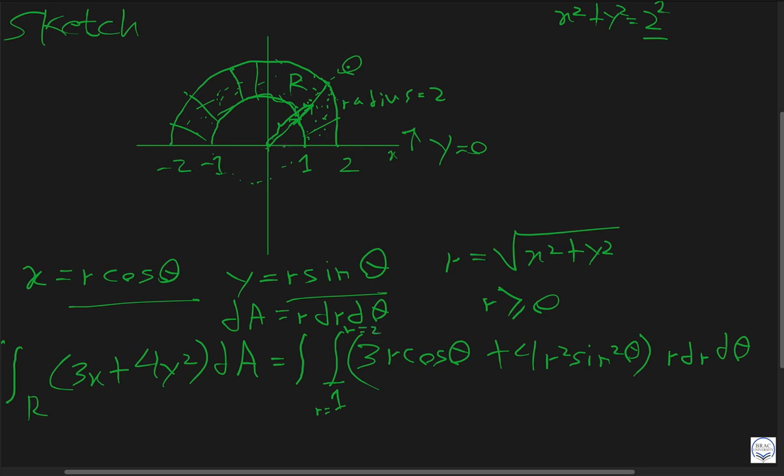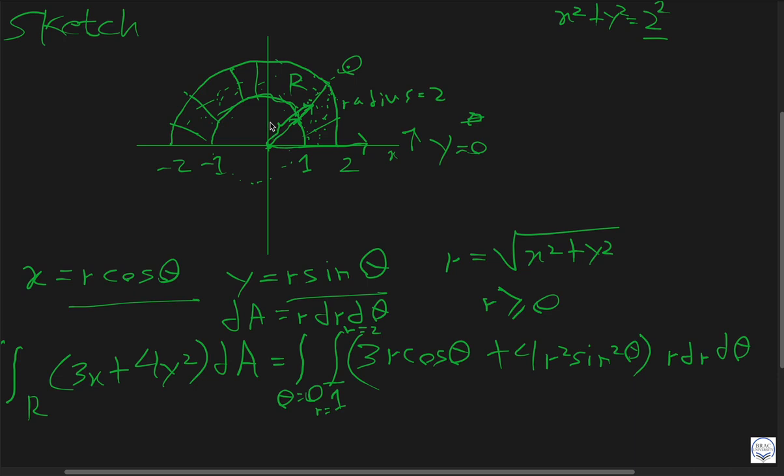And how much angle are we going? Let's say we move a ray starting from the origin, moving anti-clockwise to fill up our entire region. Starting from the x-axis, we have an angle of 0, and as we move on, our angle keeps increasing.